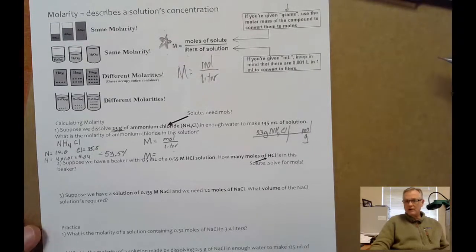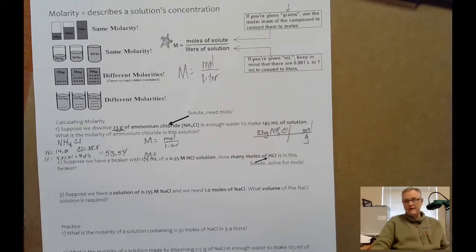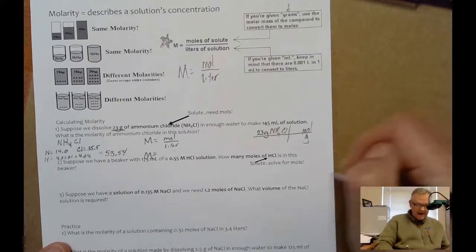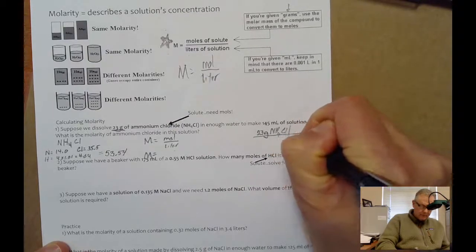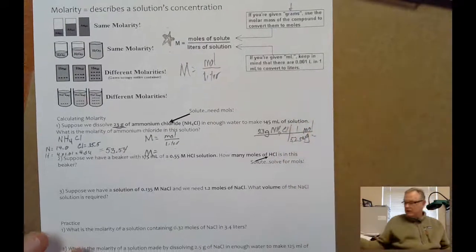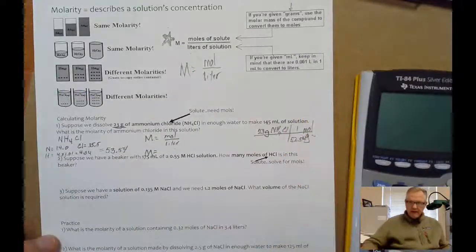I have one nitrogen at 14, 4 hydrogens at 4.04, and then 1 chlorine at 35.5. When I add all of these together, I get 53.54 per 1 mole. I'm going to type that into the calculator.